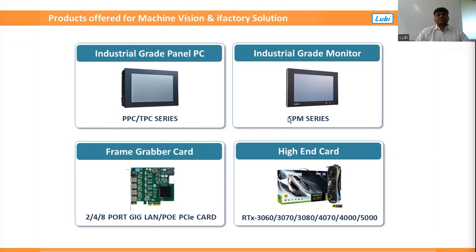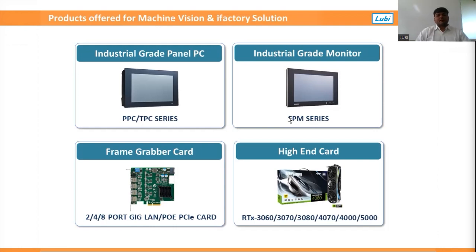So if customers or any panel builders or machine OEMs are using IPC, they will get continuity. If the generation changes, it will not affect them. If the generation changes, they will launch a new model. The customer can either move forward to next generation PCs, or continue with the same PC. So this is one of the main benefits of industrial PCs.